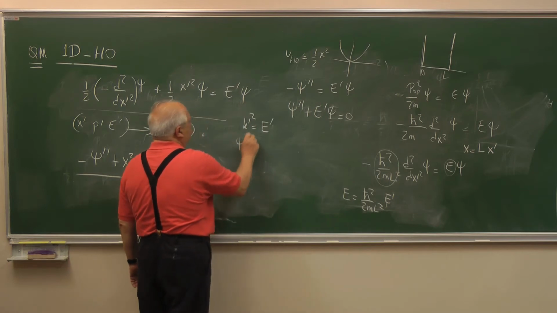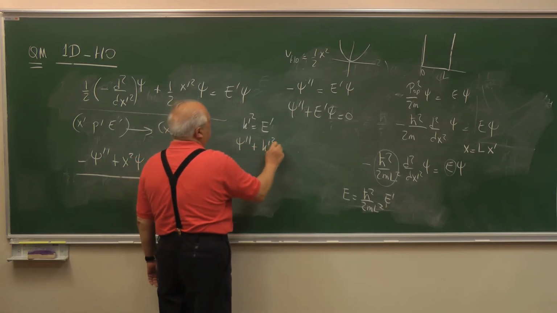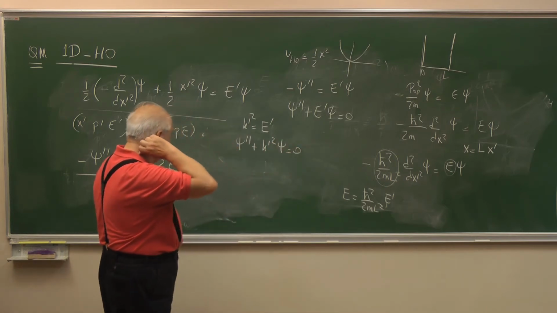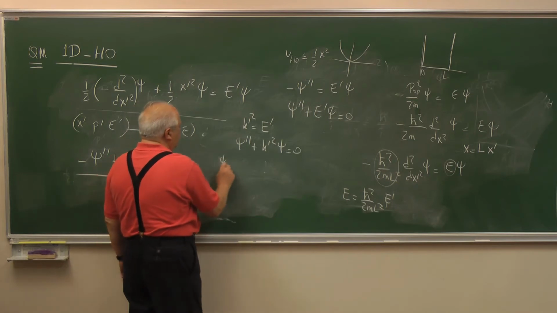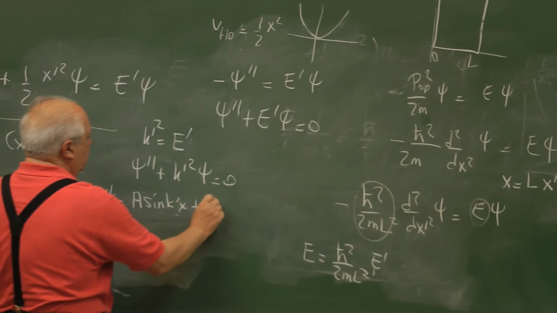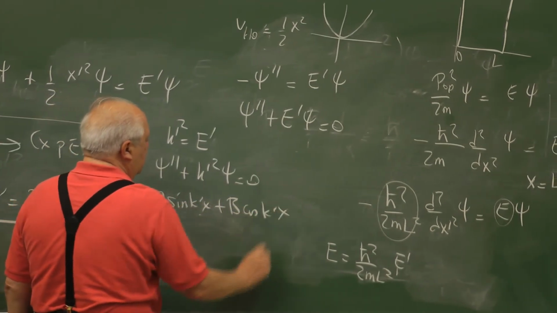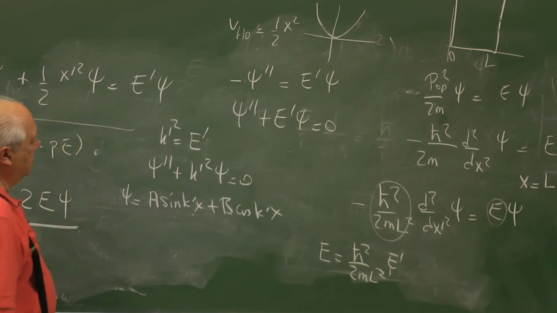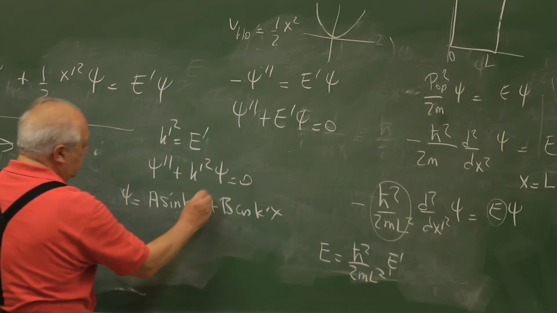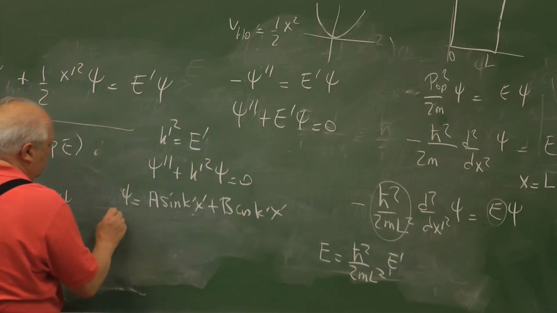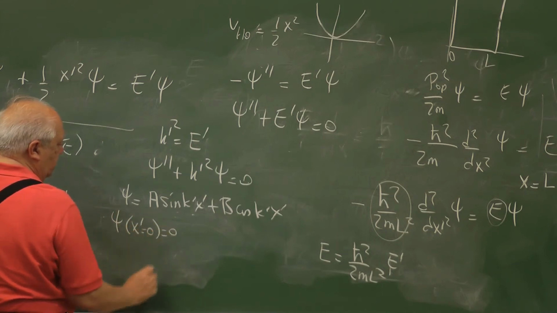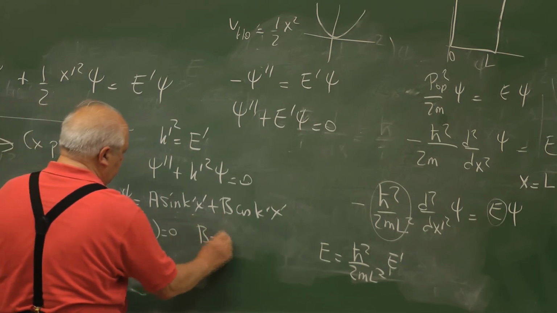So this is psi double prime plus k prime squared psi is equal to 0. So the solutions are immediate. Psi equals a sine k prime x plus b cosine k prime x. Now the wave function has to be 0 at x prime equals 0, so b is equal to 0.